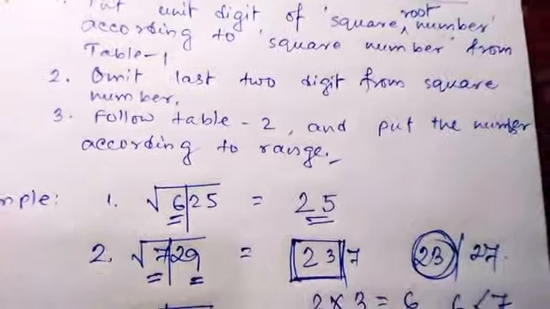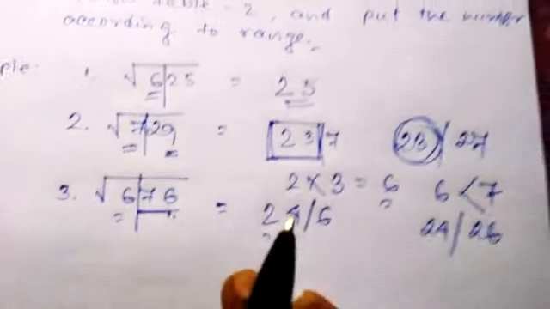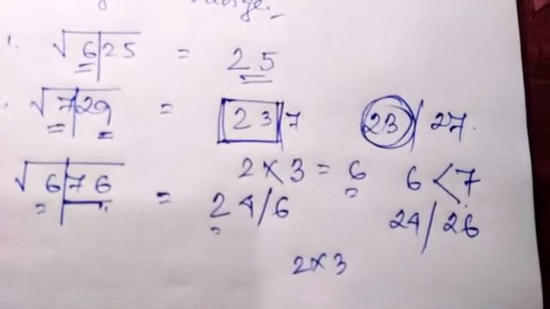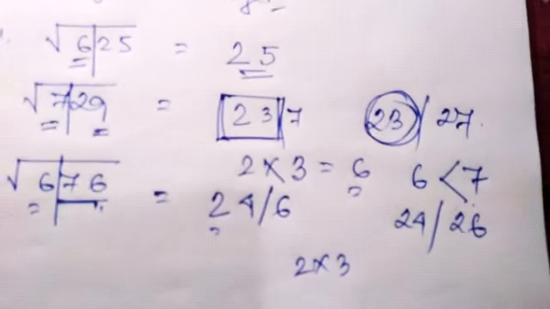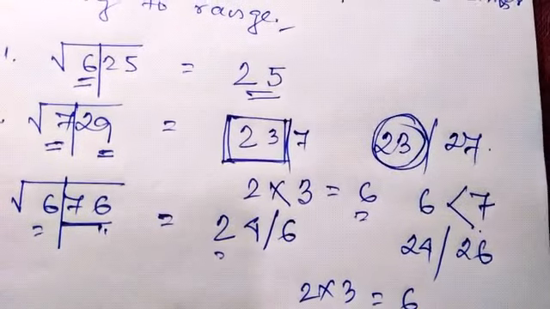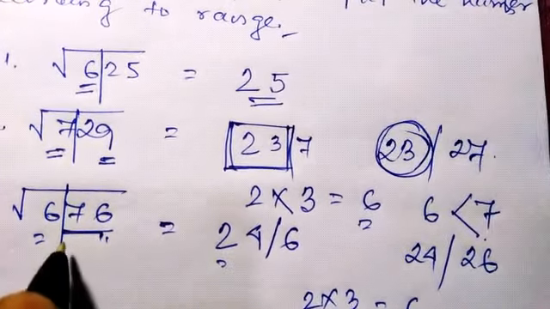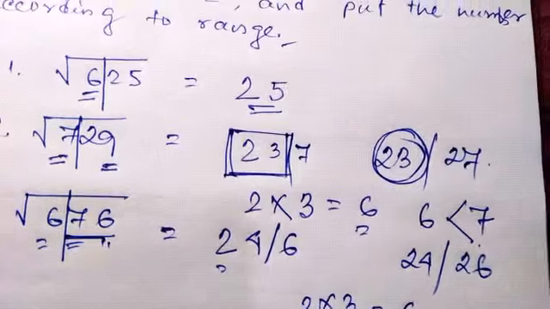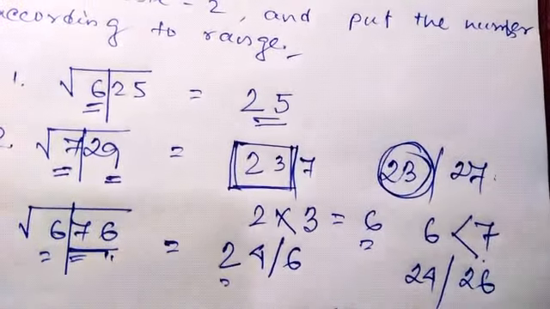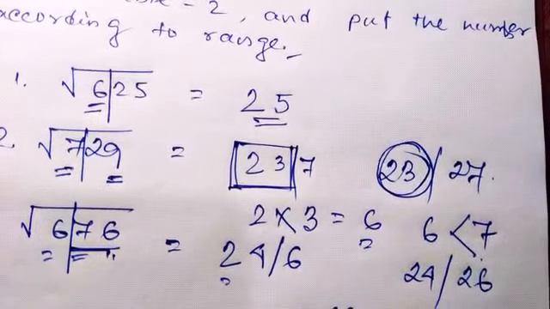Now in this case, as the number is 2, we will multiply 2 into 3, just the next number. 2 into 3 will be 6, and in this case here it is 7. 6 is less than 7.